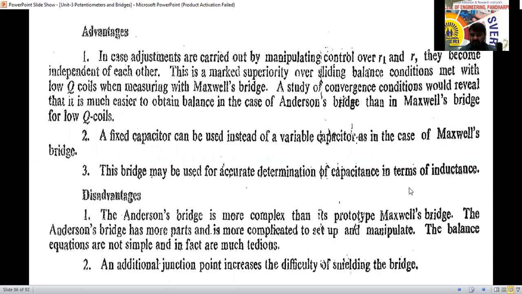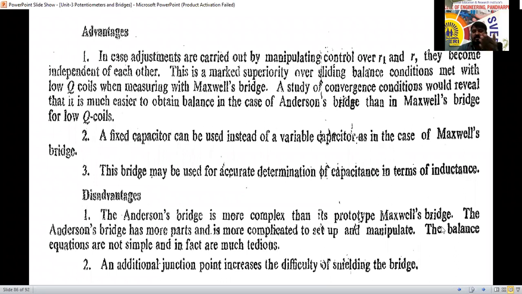Compared with the Maxwell bridge, which bridge's derivation is difficult, this one or the Maxwell bridge? The Anderson bridge is more complex than the prototype Maxwell bridge.